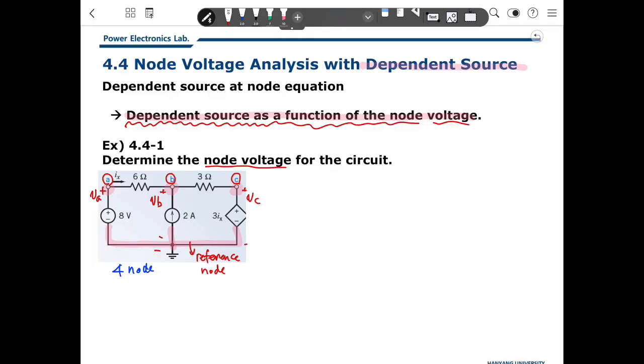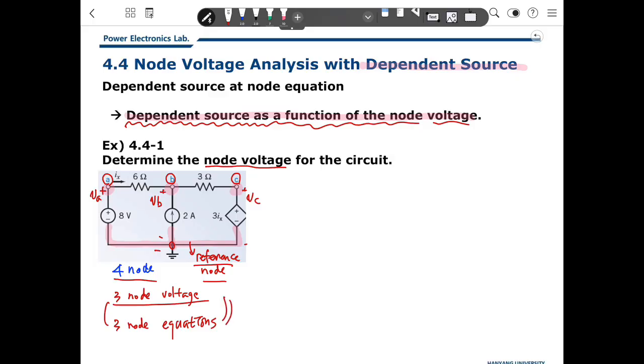Because there are 4 nodes and one is the reference node, we have to find the 3 node voltages. So we have to get the 3 node equations. So what should we do?